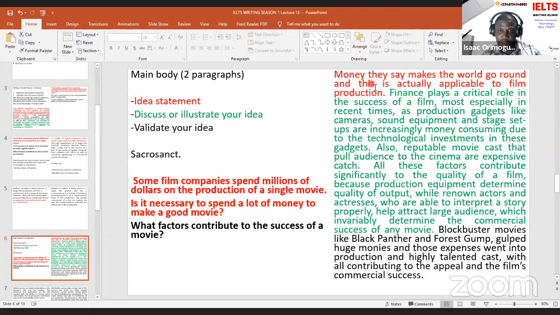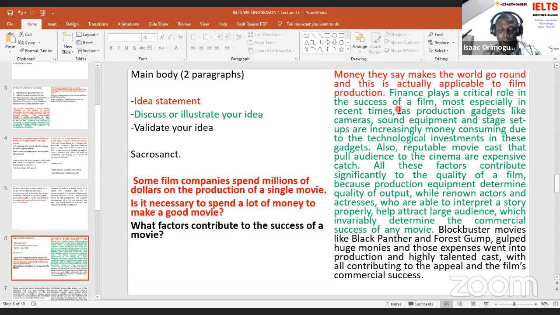Okay, and this was in red, discuss, illustrate, this was in green. Then validate your idea if possible, because some people say, I find it hard writing 250 words. If you are the type that finds it hard writing at least 250 words, if you go through this process, you will be able to get 250 words at least.